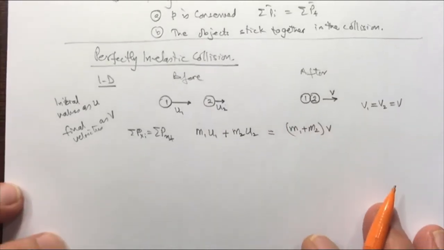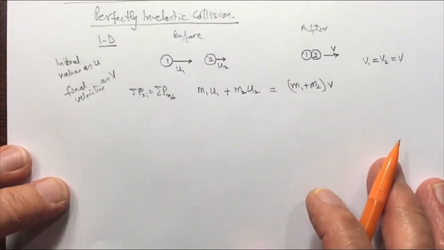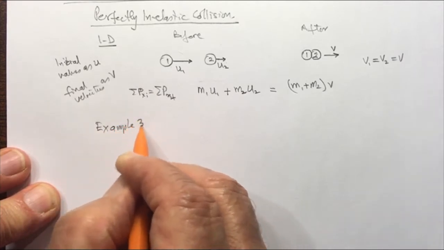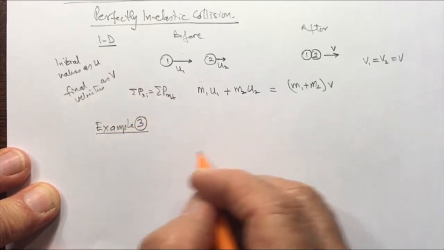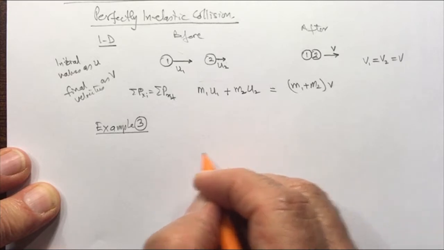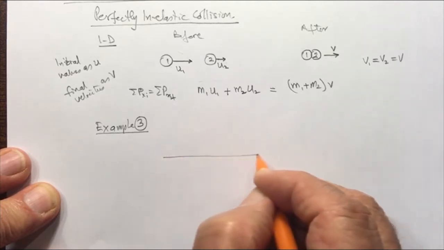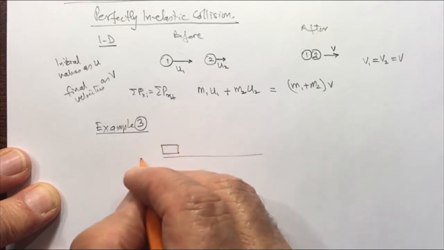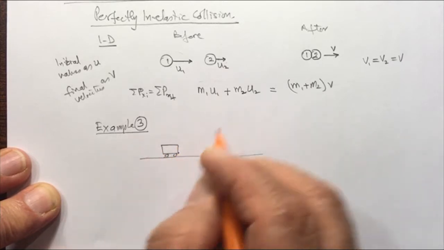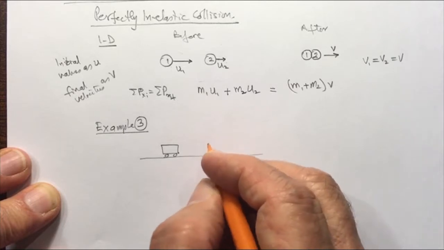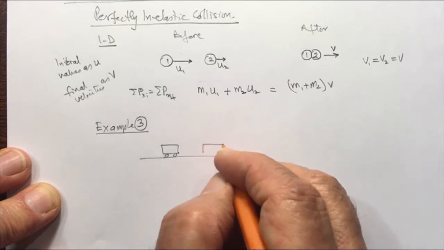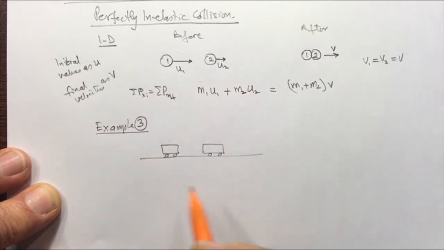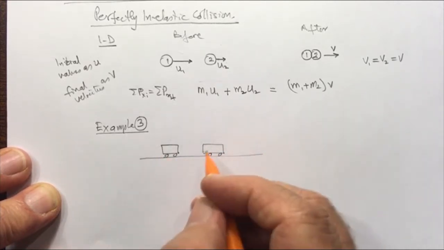Now let's do an example on this. Let's assume that we have a sort of a track on which we have a toy car, like a train on these tracks, and we have two cars, and by track we mean that it can only go back or forth.